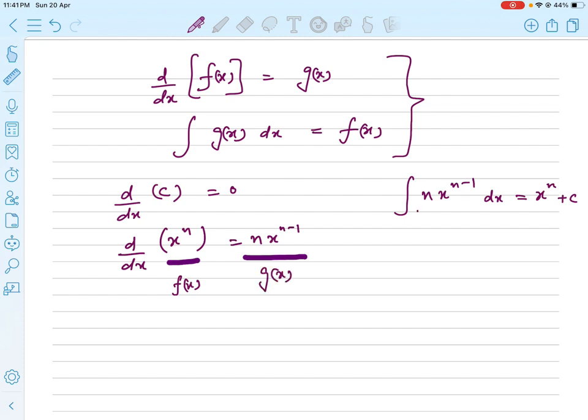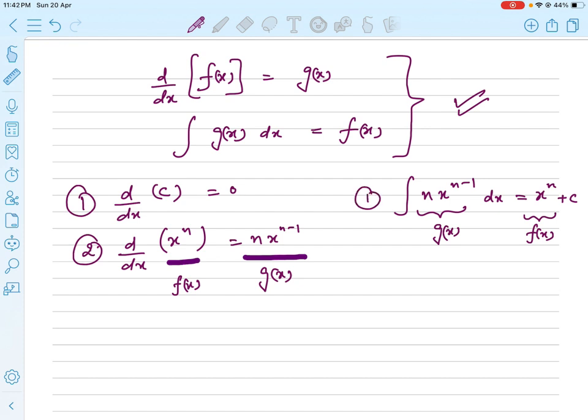Now when I integrate g(x), I will get back the same function f(x) with a constant, of course, and I will let you know why I am adding the constant c, right? So this is what I explained in the previous two steps. So this was my first formula, this is my second formula. For integration, this is my first formula.